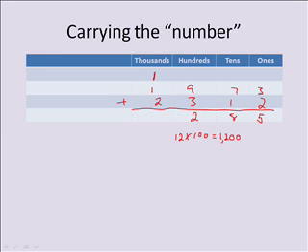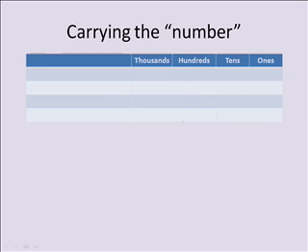Or 2 in the 100 spot and 1 in the 1,000 spot. Now I just add up: 1 plus 1 plus 2 is 4. So 1,973 plus 2,312, I get 4,285.